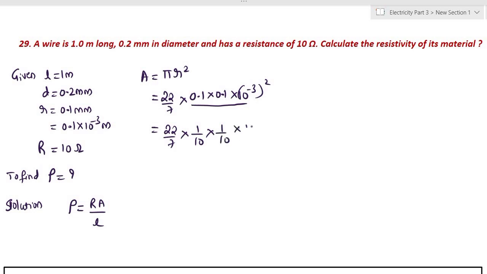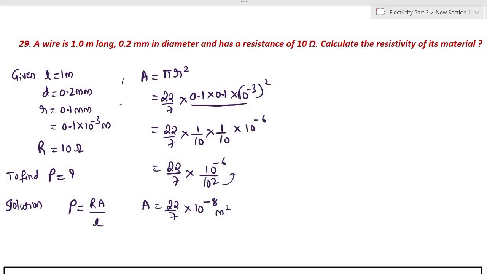It can be written as 10 to the power minus 6, minus 3 into 2. That is the law of exponents rule. 22 divided by 7 into 10 into 10, that is 10 square, into 10 to the power minus 6. Therefore, 22 by 7 into 10 to the power minus 6, and when the 2 goes to the numerator, it becomes minus 2. That is minus 6 and minus 2, it becomes minus 8. This is the area of cross section in meter square.